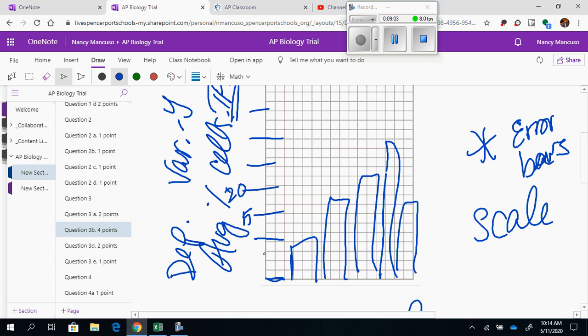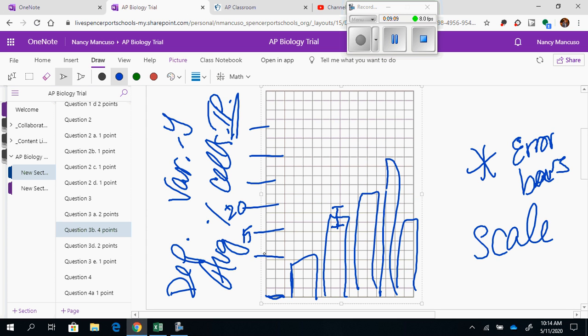Let's say I went up by 5s each time. To do plus or minus 3, you go up 3 and draw a line and down 3 and draw a line. And so you would get 1 point for having the correct axes and labels. You would get 1 point for having the correct points plotted and the scale being correct. You get 1 point for having these correct error bars.